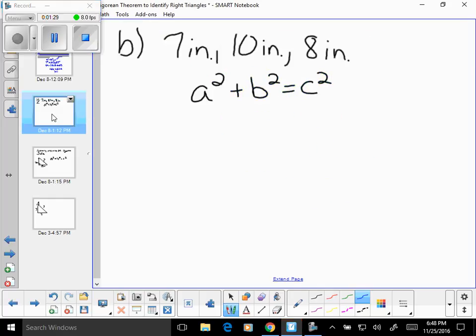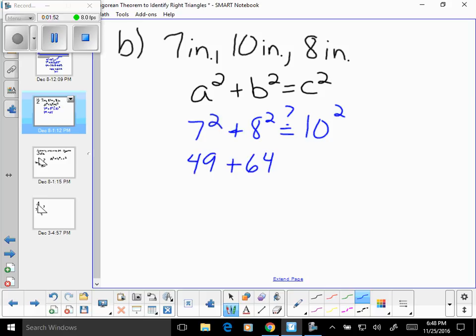If you'd like, you can certainly hit pause and do sample B by yourself. Let's see how you did. 7 squared plus 8 squared, is that equal to 10 squared? 7 squared is 49, 8 squared is 64.